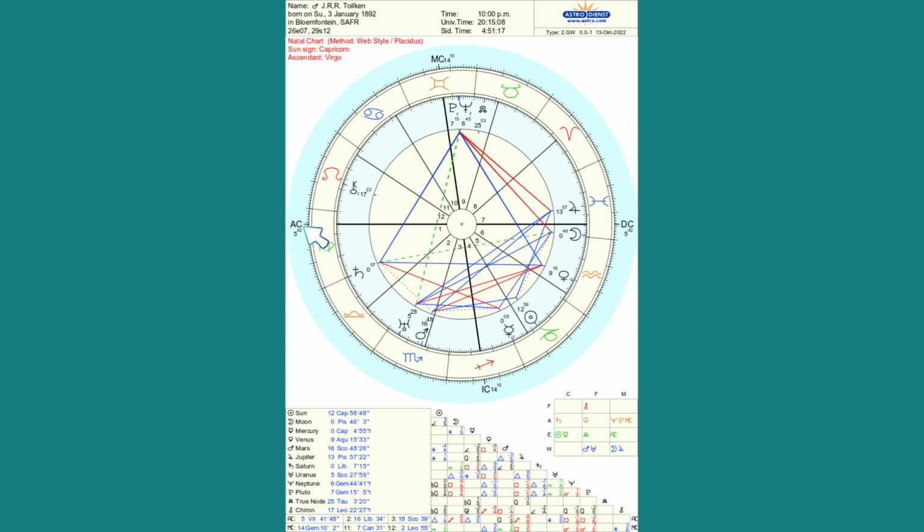The descendant is based on relationships and that sort of thing. So romantic relationships, partnerships, any type of partnership really. So business partnerships, friendships, romantic partnerships.